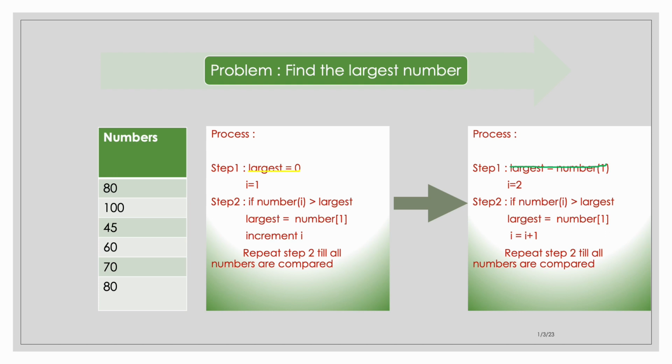Anyone who looks at your pseudocode will be able to quickly point out the mistake: this largest number equal to 0 has to be corrected, and this has to be made differently. Especially when people do reviews of the pseudocode, they can quickly point out these mistakes.